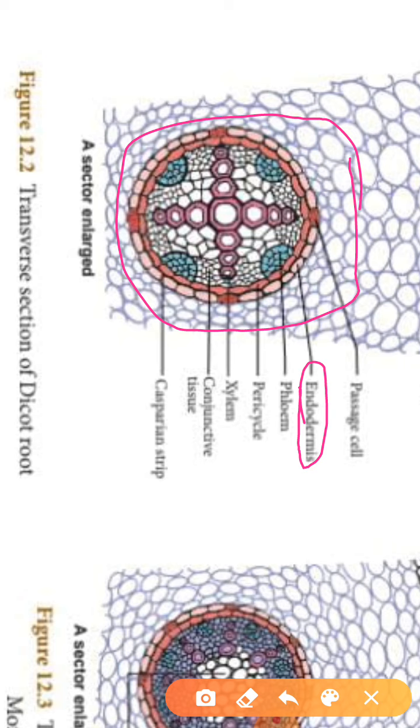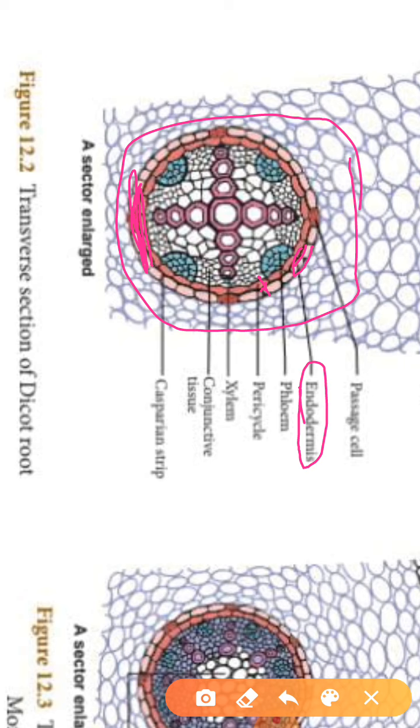In this type, cells are parallel shaped, closely, tightly packed, with band-like thickening on their radial and inner tangential wall.